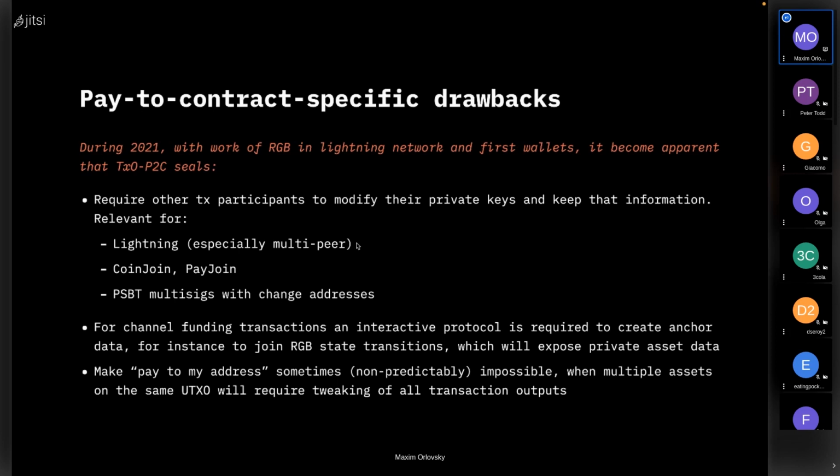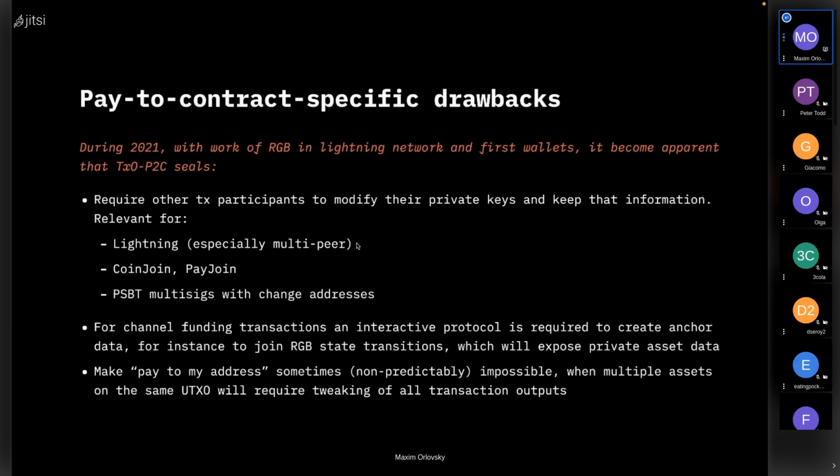And finally, there is the quite common use case of Bitcoin when you are provided with a Bitcoin URL or a Bitcoin address and asked to pay to that address. Unfortunately, if you have RGB assets on the address from which you are paying, it might happen that you will be forced to tweak the output that you are paying to. Basically, at the end of the day, it will have a different address.